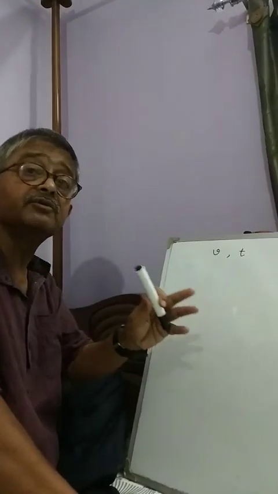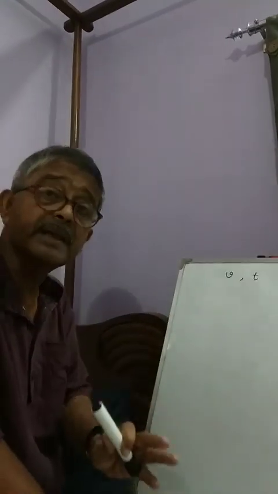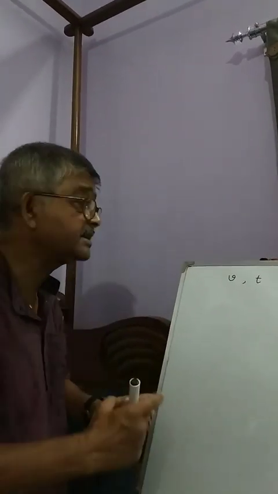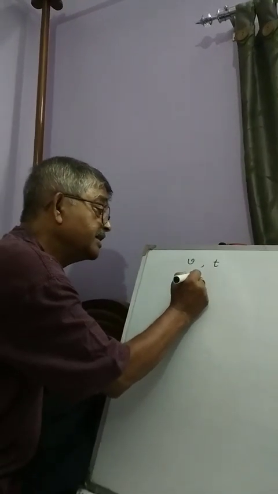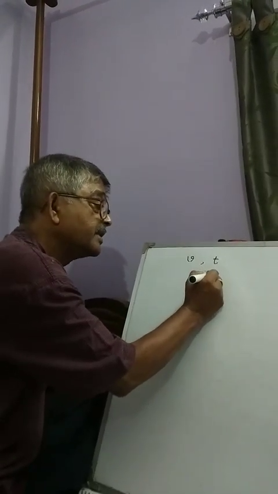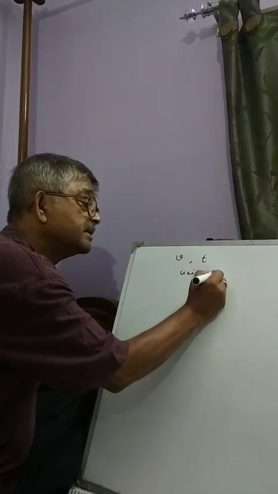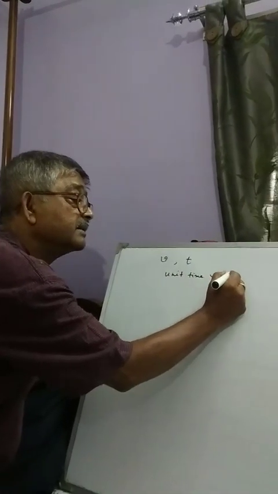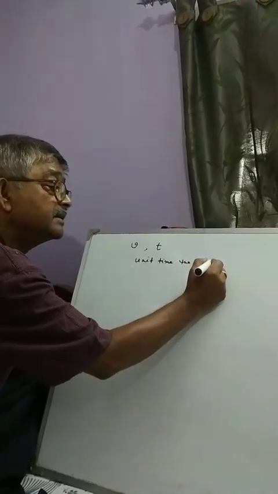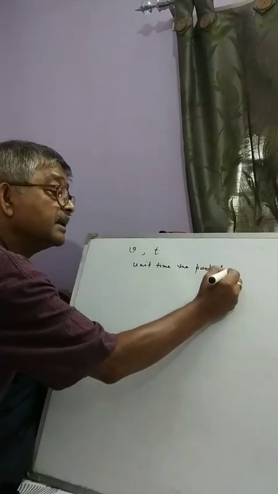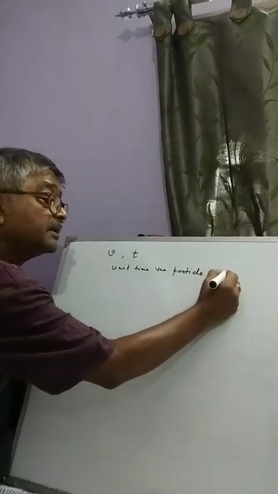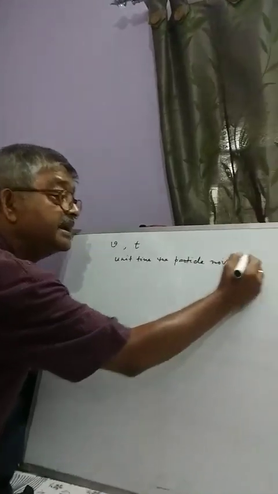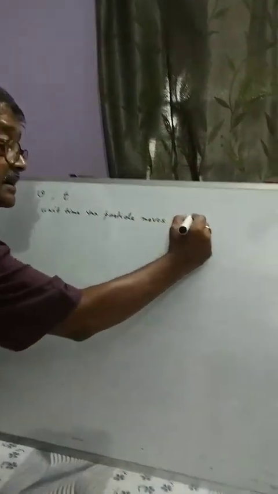Here v is the uniform velocity, that means in unit time the particle moves v unit.